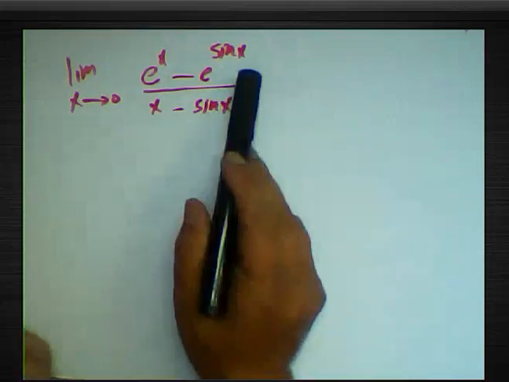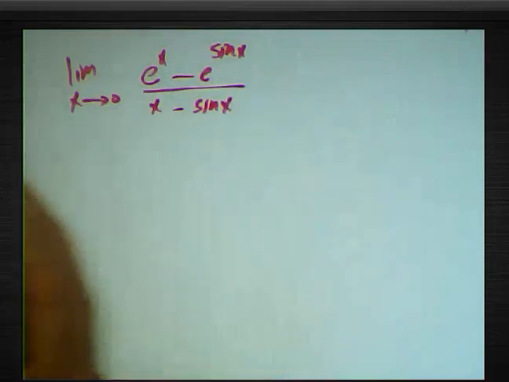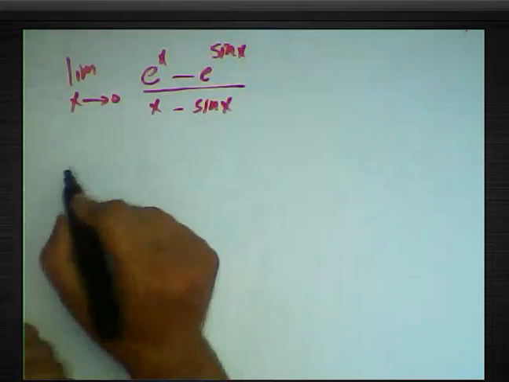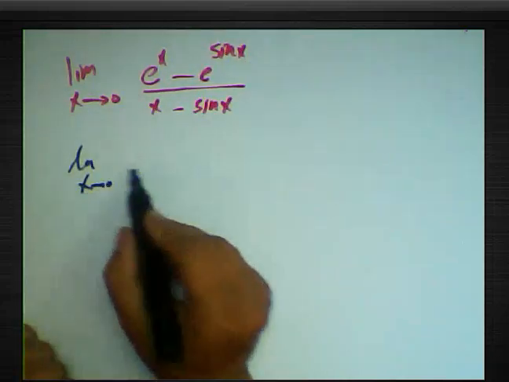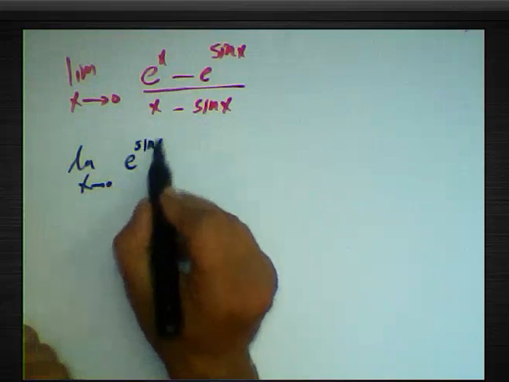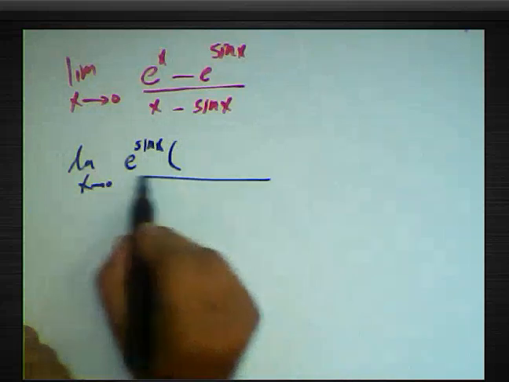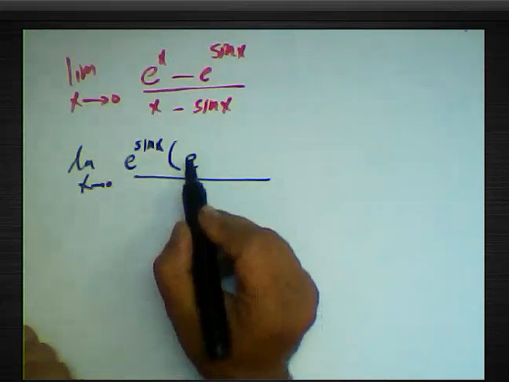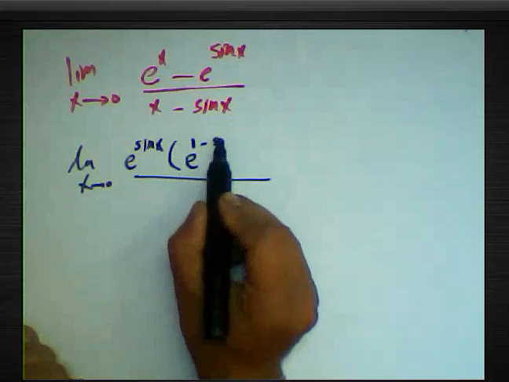Yes, we can write e to the power sine x outside, as a common factor between the two terms here in the top. Right, limit when x approaches 0, e to the power sine x, common factor between two terms. The result here will be what? E to the power 1 subtract sine x.